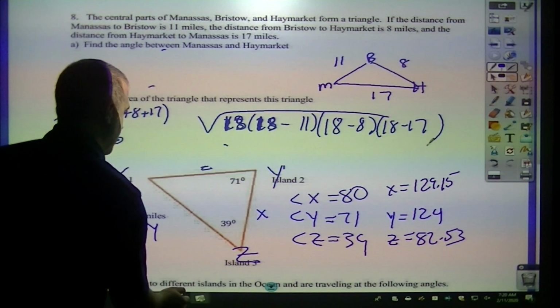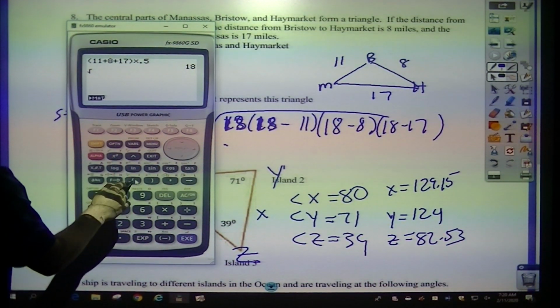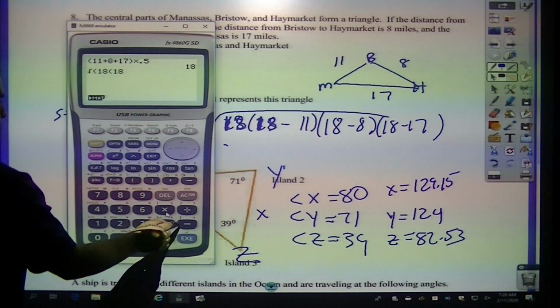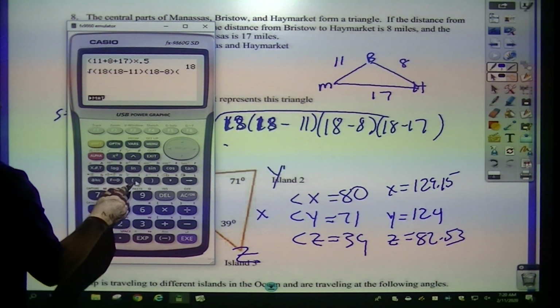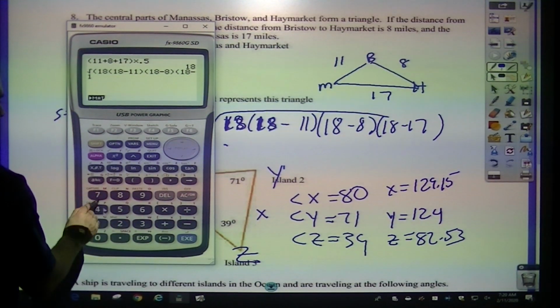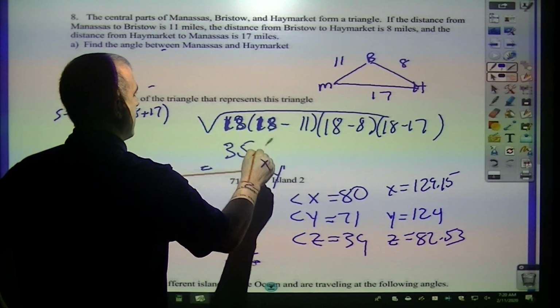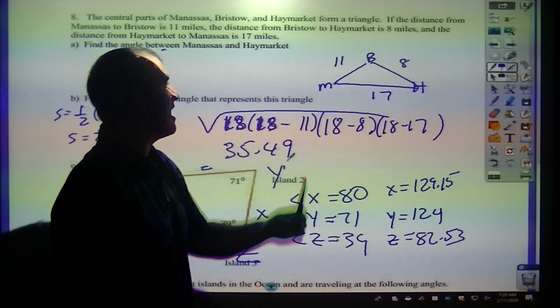This will help get you the area. So I do big square root, parentheses underneath it, 18, 18 minus 11, 18 minus 8, 18 minus 17, double parentheses to close, so 35.49. Now they want to know what's the angle between Manassas and Haymarket.